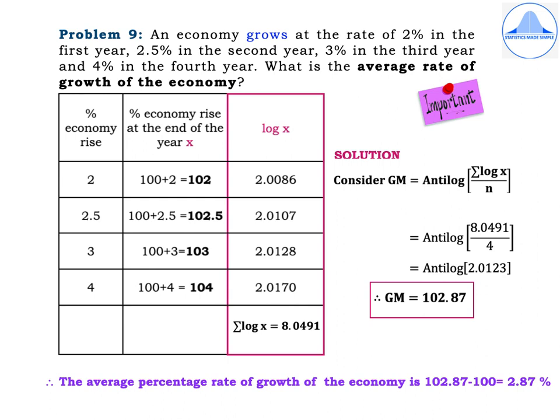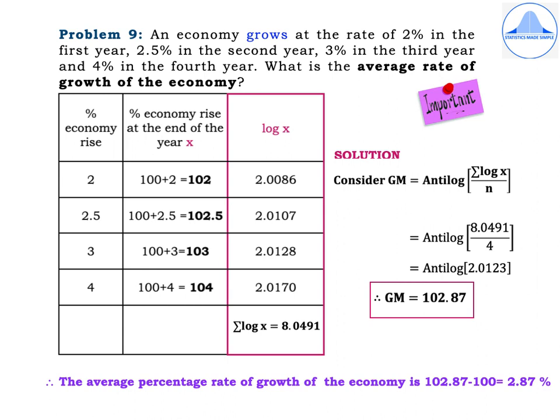So the values in the second column are the percentage economy rise at the end of the year, and these are denoted as x. Since we have only the x values given and we are asked to find the average rate of growth of the economy, we always use the geometric mean.